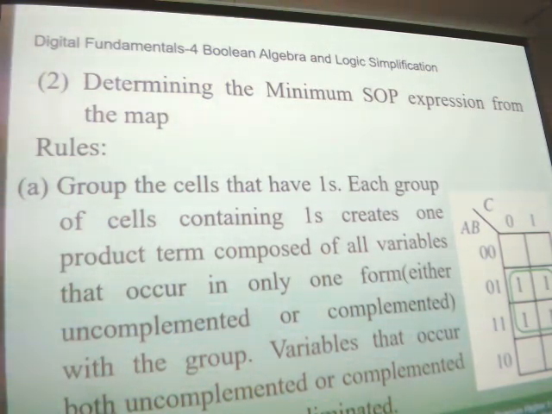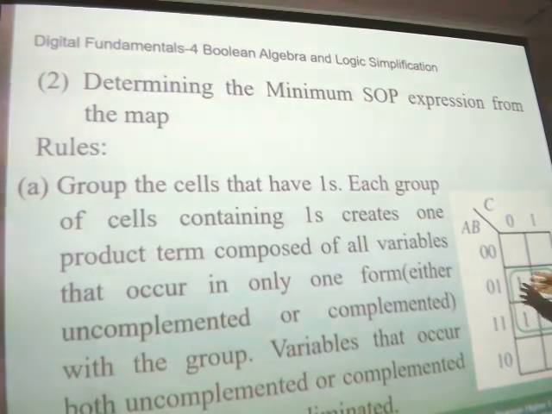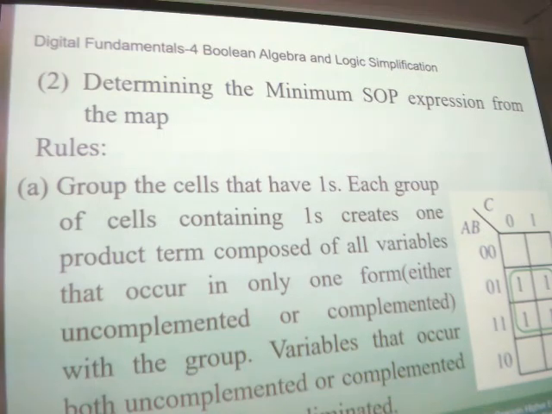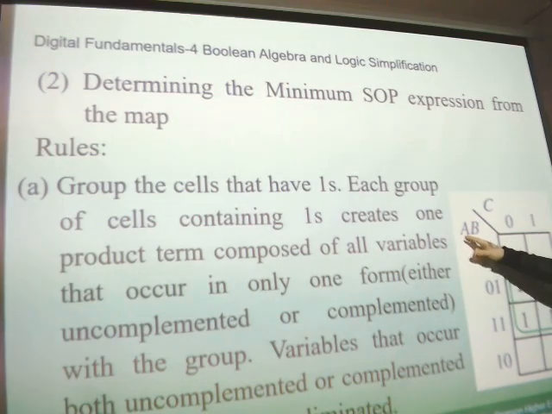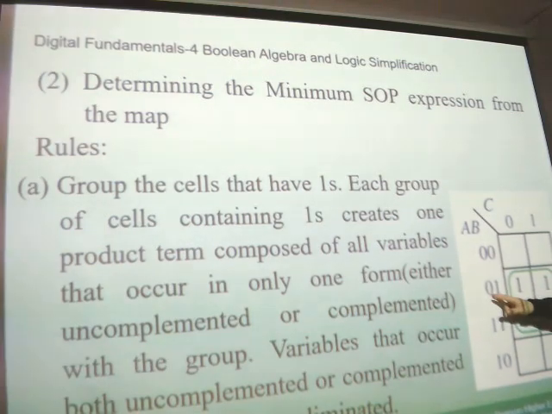It can create one product term, composed of all variables that occur in only one form. One form is that it only equals 1 or only equals 0. For this variable A, it occurs in 0 and in 1.